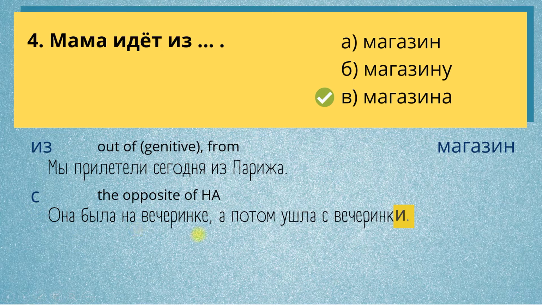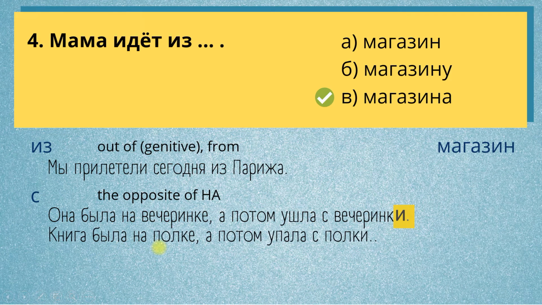Она была на вечеринке. She was at the party. А потом ушла с вечеринки. Were there and then out of there. We put на because it's an event, and we put the opposite one because it was на before.